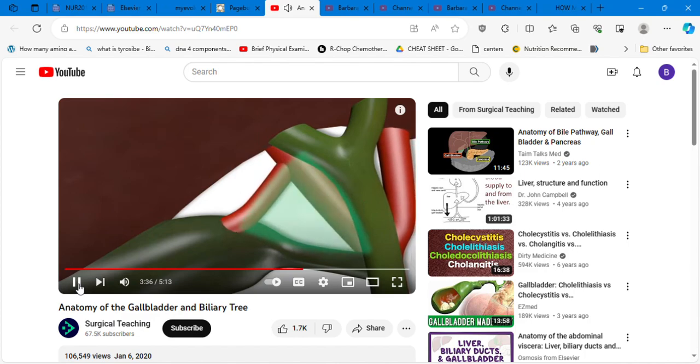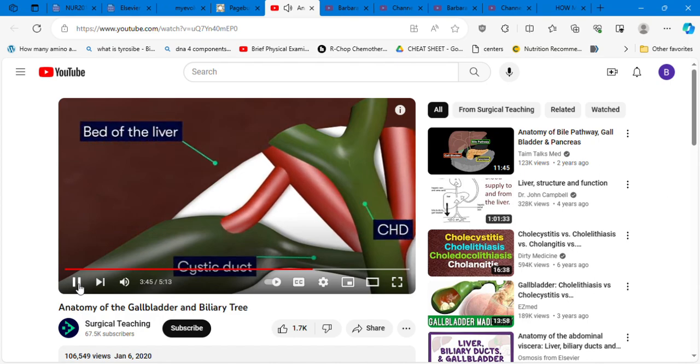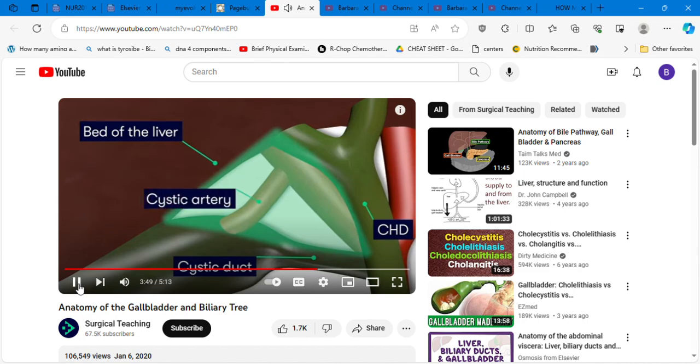Interestingly, with the passage of time, our perception of Callot's original triangle has become slightly modified, and we now commonly assume the inferior border of the liver as being the superior component of the triangle, with the cystic artery running within this triangle.